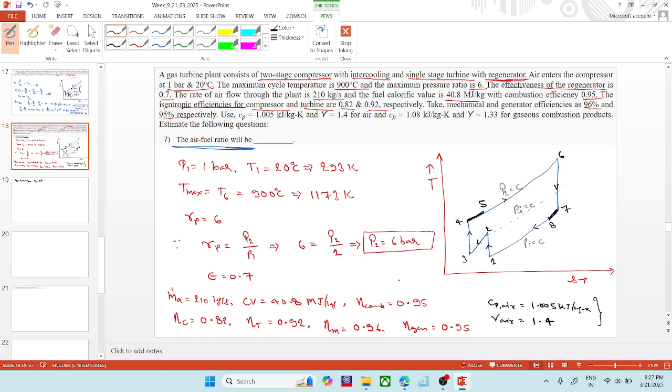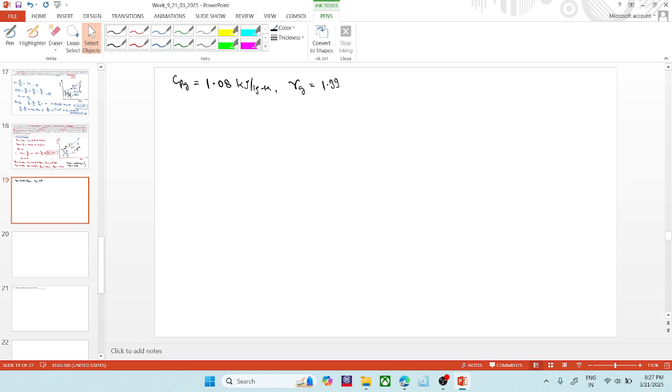So first we can find out this intermediate pressure Pi. For perfect intercooling, this Pi would be the geometric mean of P1 and P2.